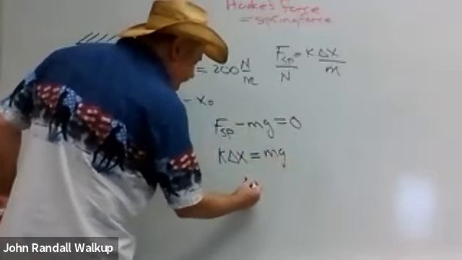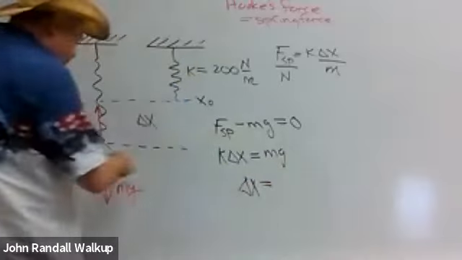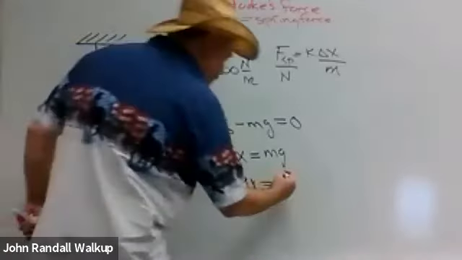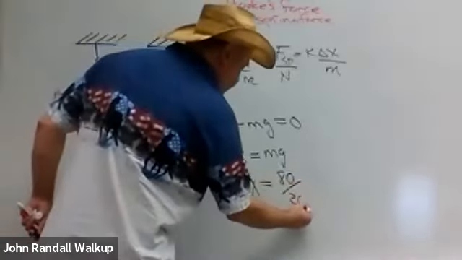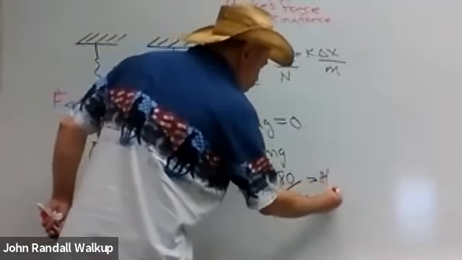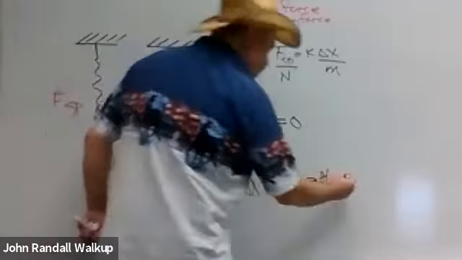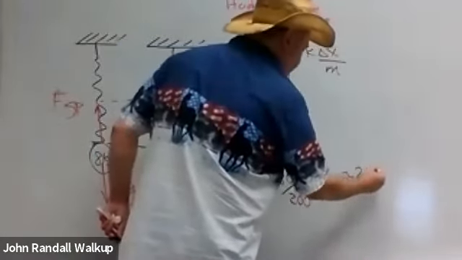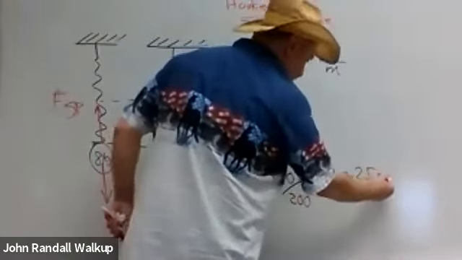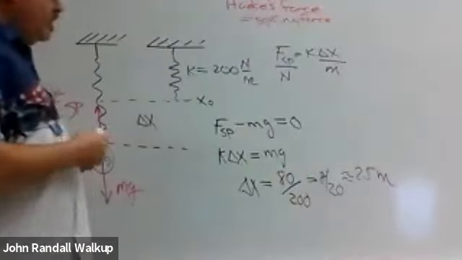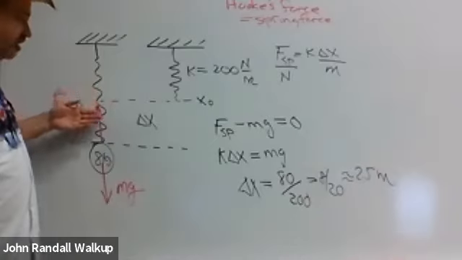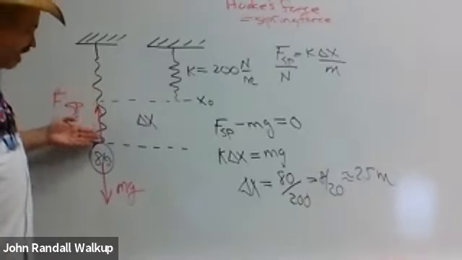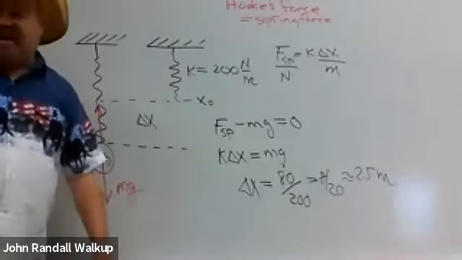And I get delta X is equal to mg, which is around 80, divided by K. Yeah, it's about 2.5 maybe meters. So what happens is that this bowling ball will stretch the spring by a total of about 2.5 meters.